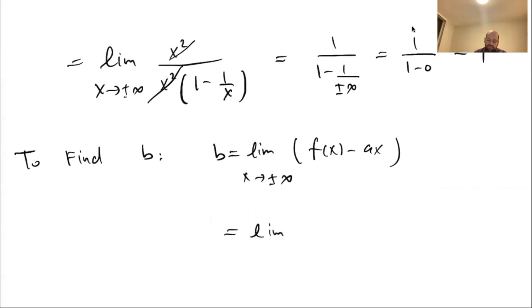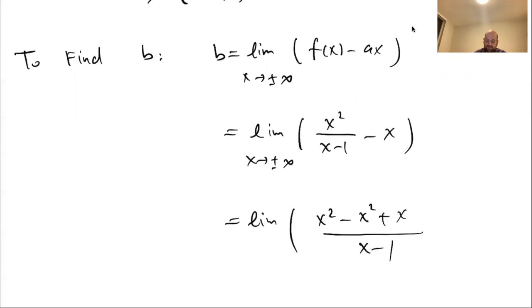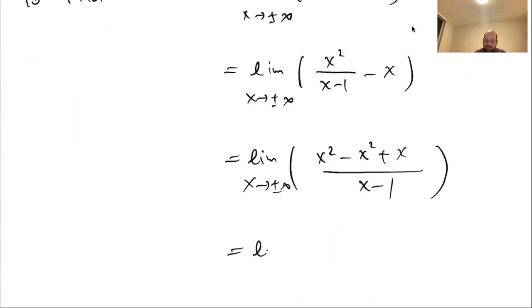And then this is the limit of x squared over x minus 1 minus x. A is 1, so ax will be x. X goes to plus minus infinity. And then this is the limit of x squared minus x squared plus x divided by x minus 1, which is the limit of x over x minus 1, as x goes to plus minus infinity.